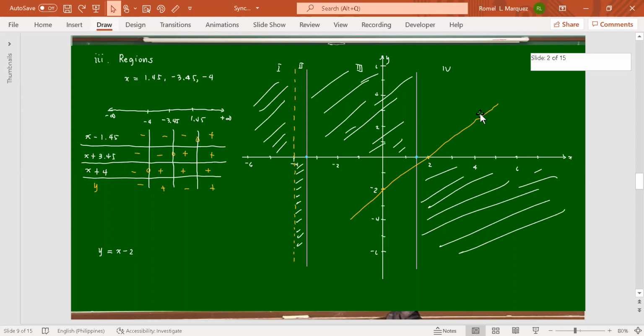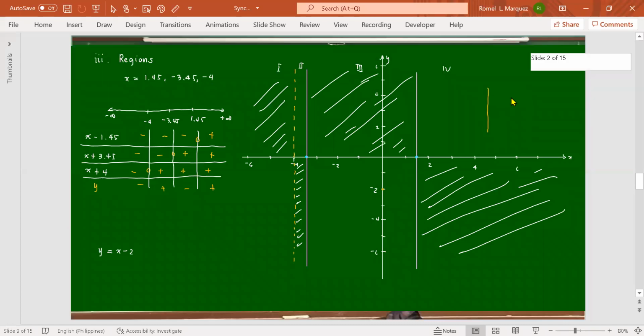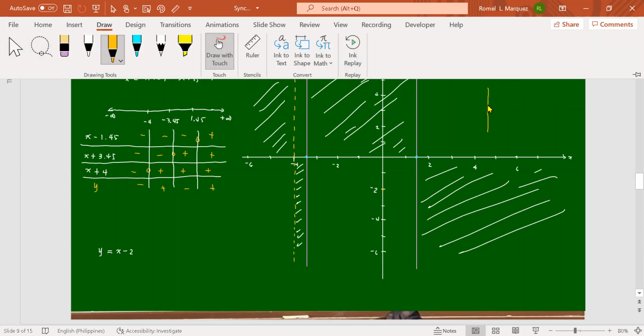Draw, shape into shape. Maging straight ka. Ay, hindi. Hindi siya naging straight. Gagawa na lang muna ako ng ganito. Okay, guys? And then, gawin ko siyang straight.